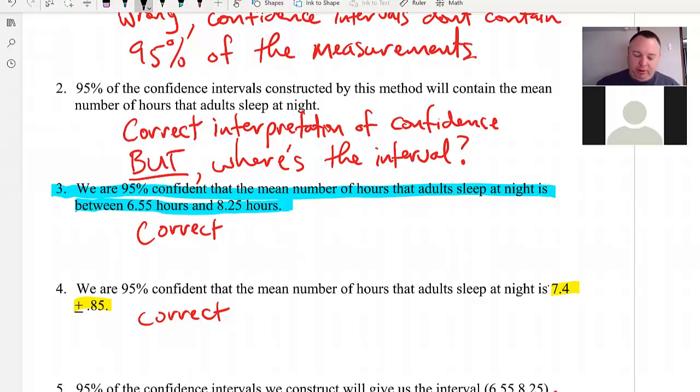You need your percentage of confidence, the lower endpoint and the upper endpoint. And then, of course, there's context. What is the problem about? It's about adults sleeping, and that's included in the statement. If you can nail those aspects, then you've got it right.